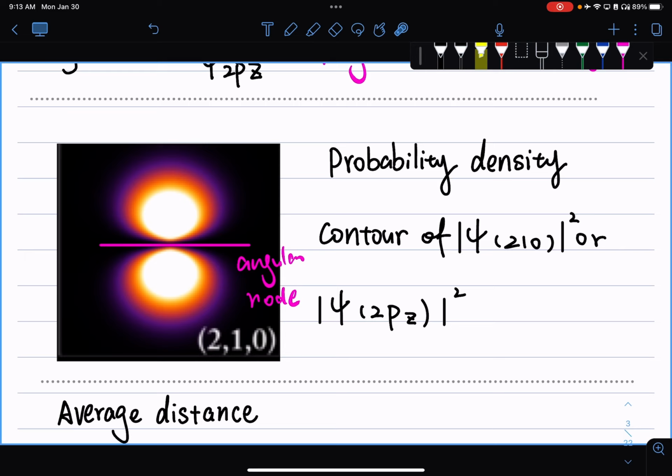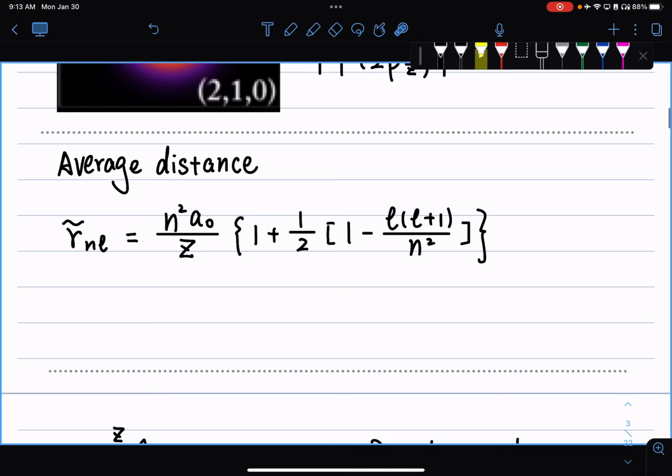The other way to use the solved wave function for the p atomic orbitals: now we don't have a spherical shape, so I don't expect you to work on the radial probability or so on, because the math becomes a bit too complicated. But you might be asked to solve for the average distance using the same mathematical equation we had before.